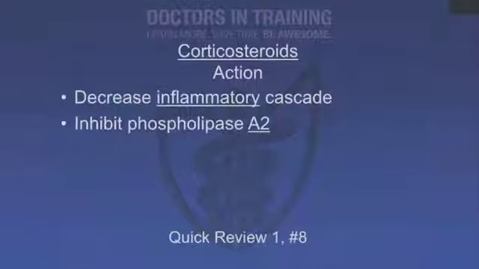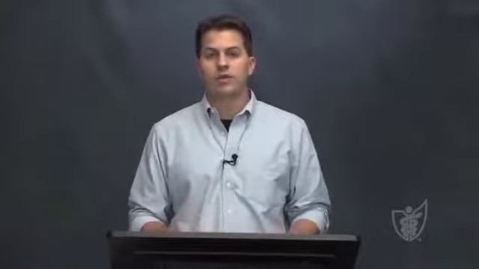How do steroids work? They are going to decrease the inflammatory cascade, and just in general, they inhibit phospholipase A2. So you can write that in the action for both the inhaled and the oral systemic. Steroids inhibit phospholipase A2. Phospholipase A2 is at the very top of your inflammatory cascade.